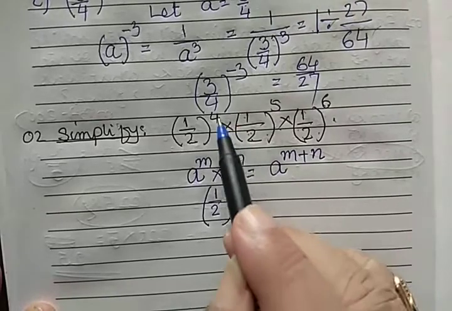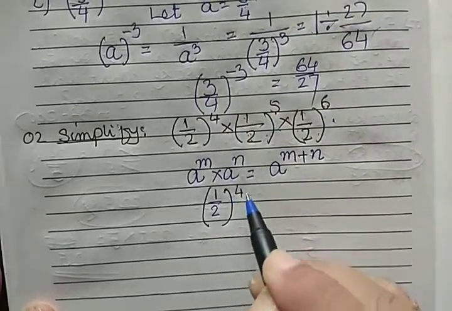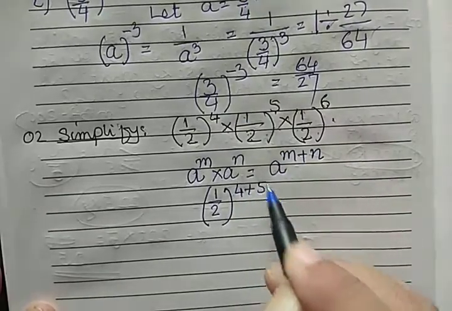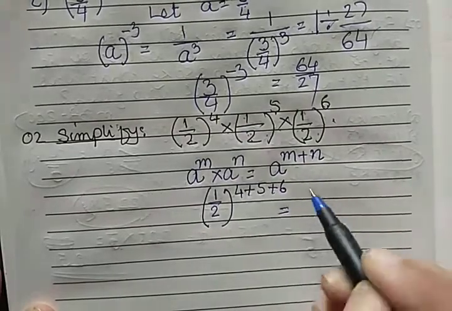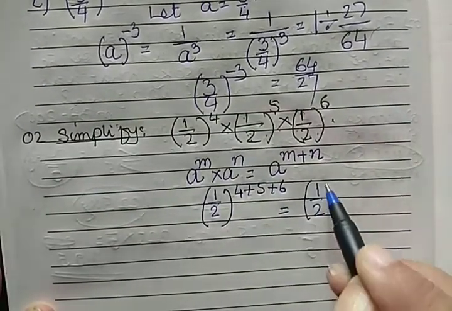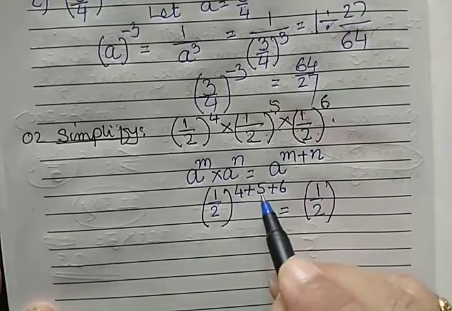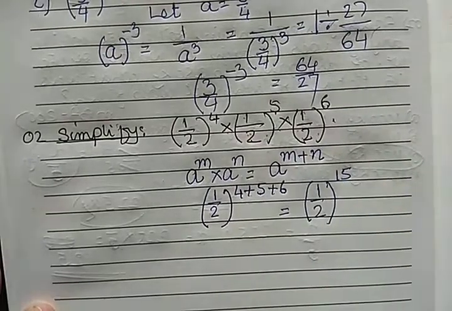What are the exponents? 4 plus 5 plus 6. So 1 by 2 to the power of 9. 9 plus 6, 15.